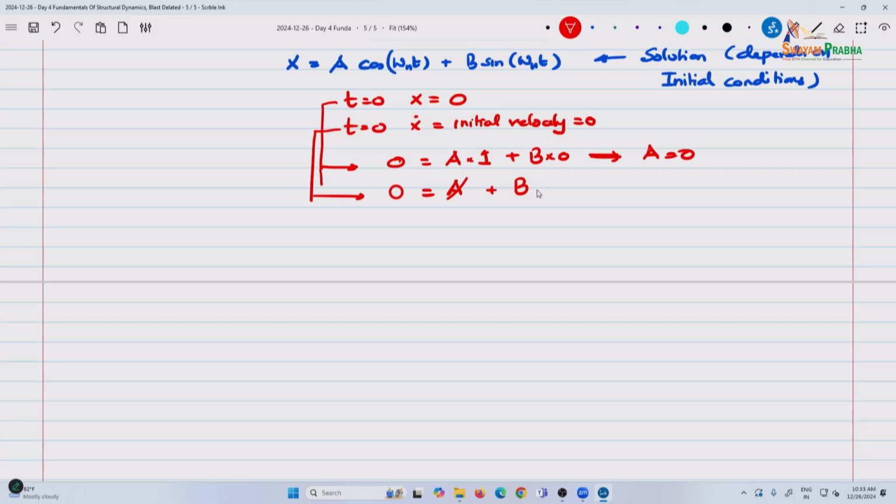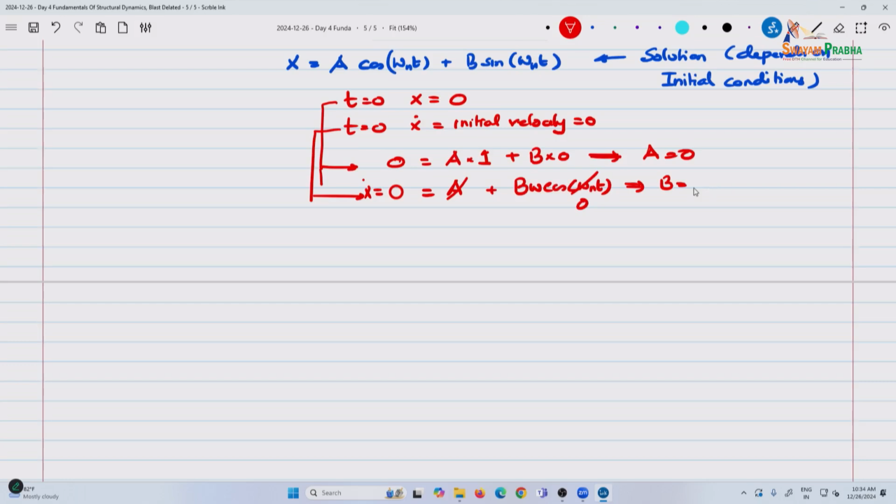Now, if you do x dot, it is b omega n cosine omega n t. So at time equal to 0, this also goes to 0.